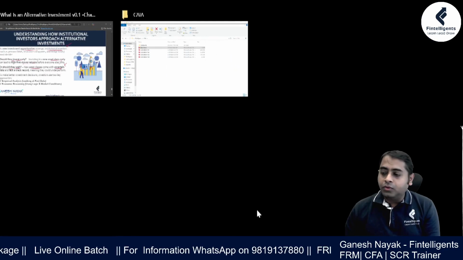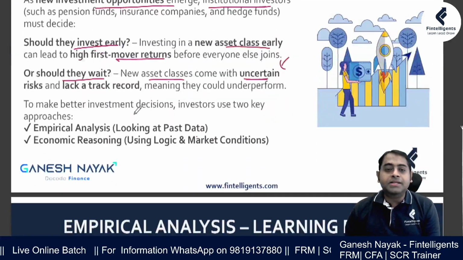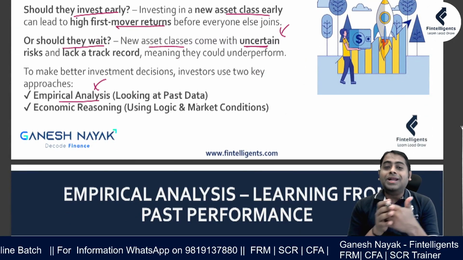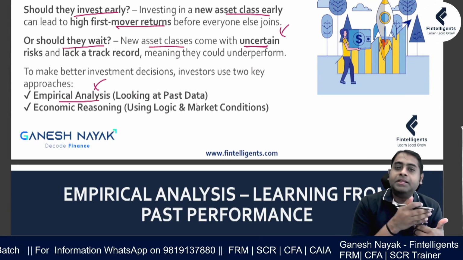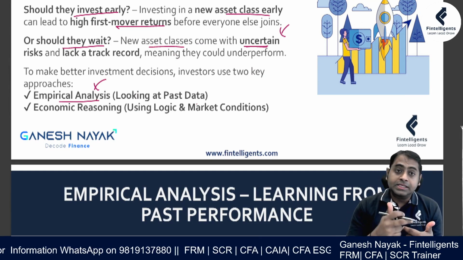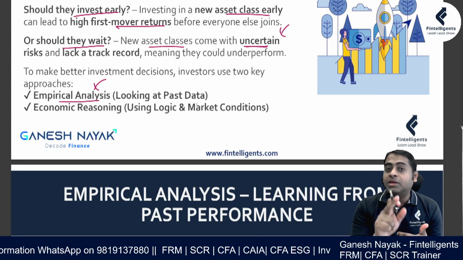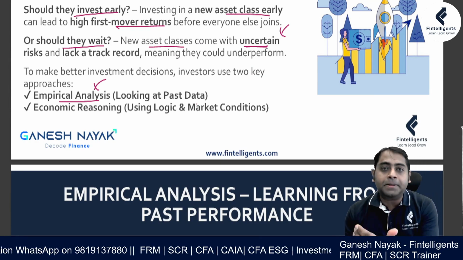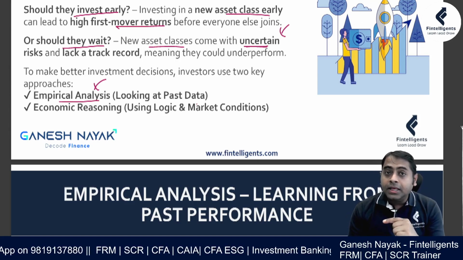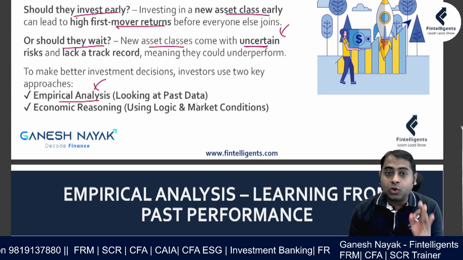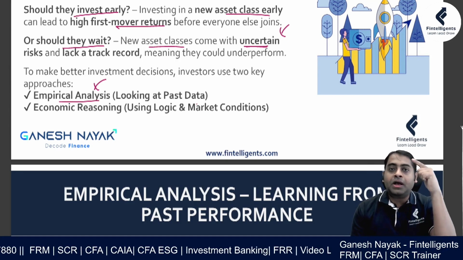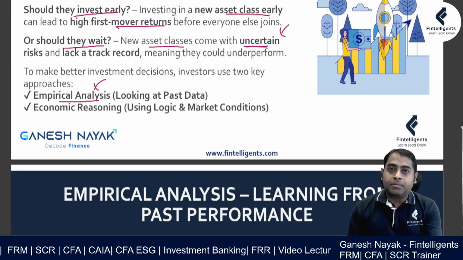Now, how can you take a better decision? Look at empirical analysis. This means look at the past and see what has happened in the past. Now, this is not possible for a new asset. This is one way to look at it, but we are making a very basic assumption that history will repeat. But what you can do second is ask logical questions. Suppose in the history you have seen a particular asset going up. What was the reason that it went up?